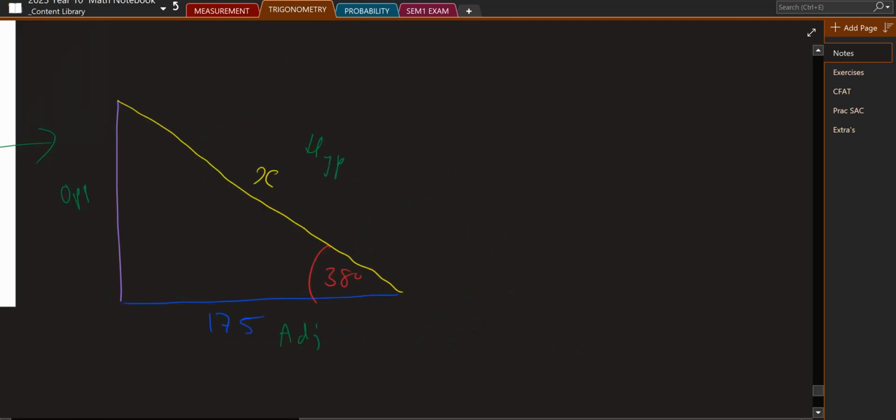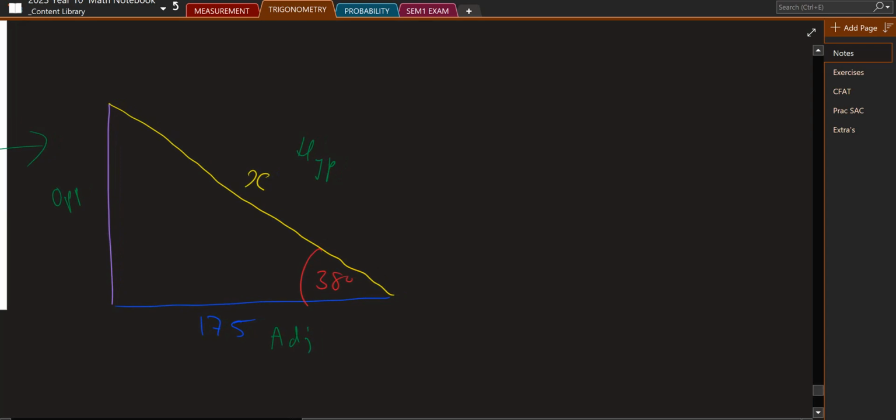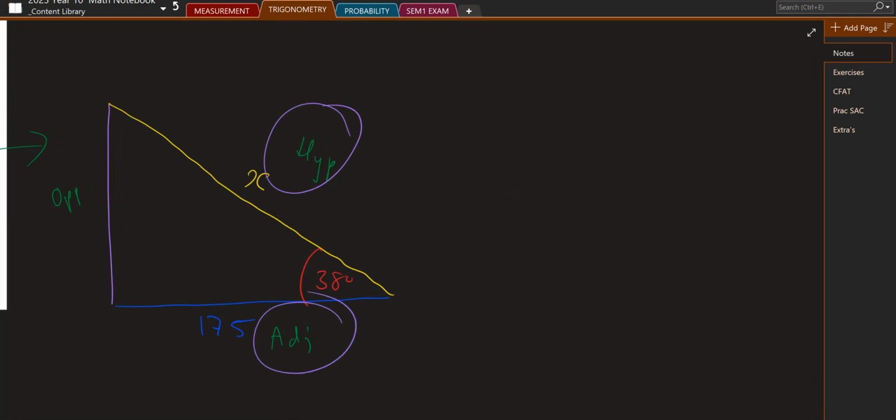So thinking back again to the trig ratios that we learned, remember normal trig ratios are used for finding unknown sides. So that's what we're going to use. Which normal trig ratio will have a hypotenuse and the adjacent? It would be the cos ratio. Okay, so cos of the angle is equal to adjacent over the hypotenuse.